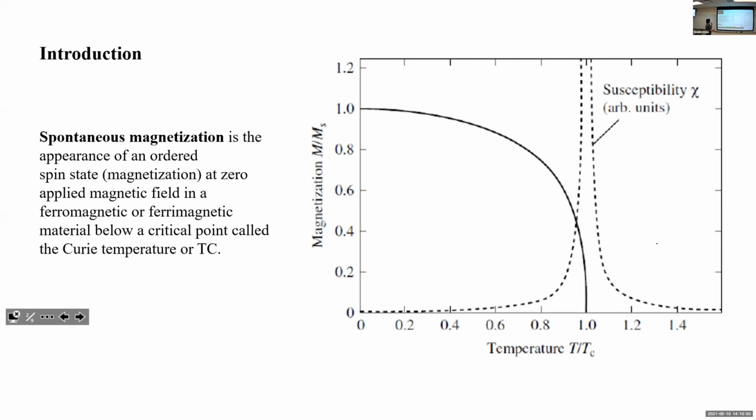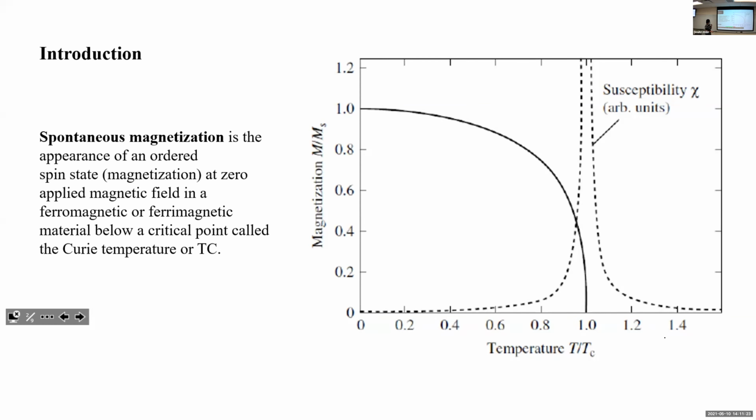First, I want to do the introduction. Spontaneous magnetization is the occurrence of an ordered spin state at zero applied magnetic field in ferromagnetic or ferrimagnetic materials below a critical point called the Curie temperature, or TC.